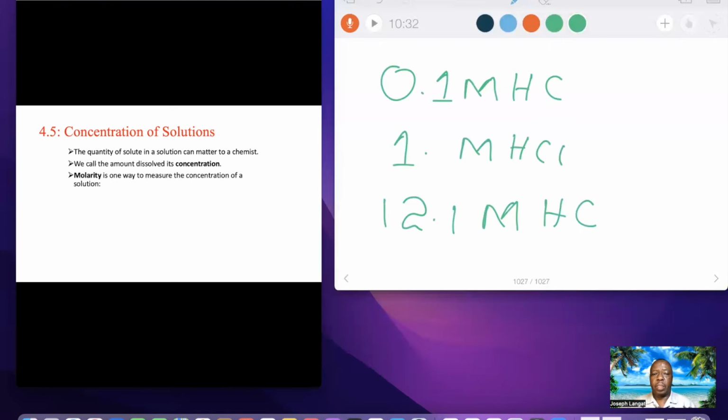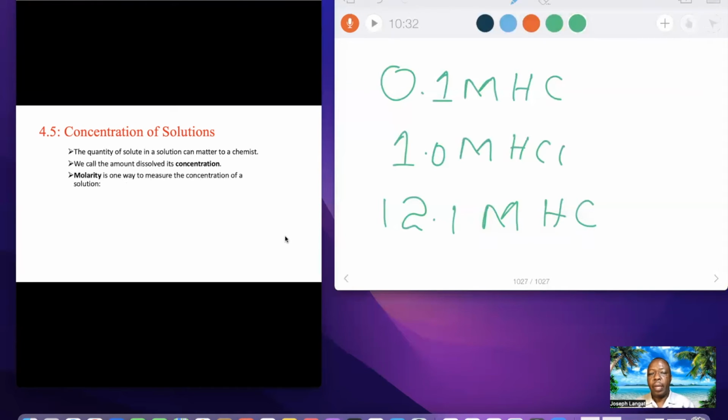The numbers represent the molarity, and you may have seen M stand for molarity, which is a unit of expressing the concentration of solution. Using this example, 12.1 is more concentrated.